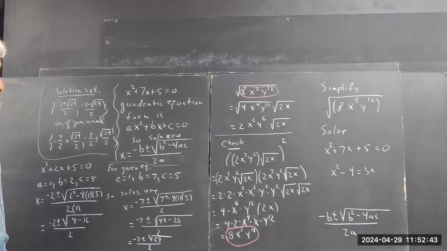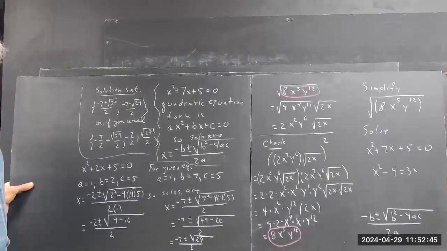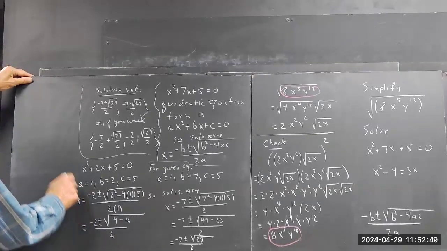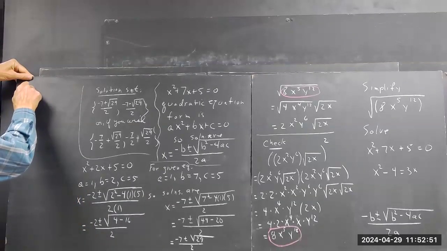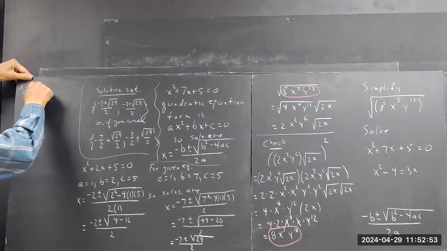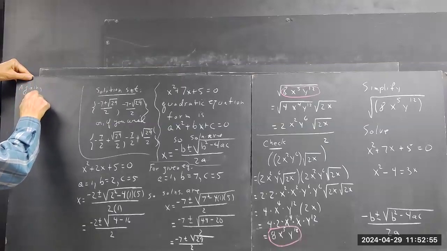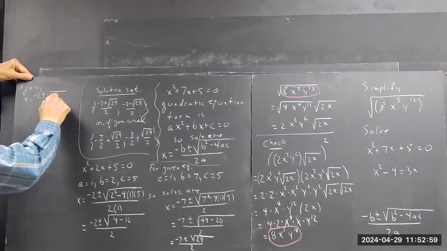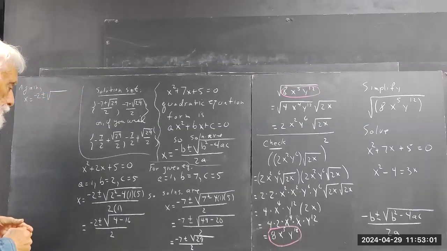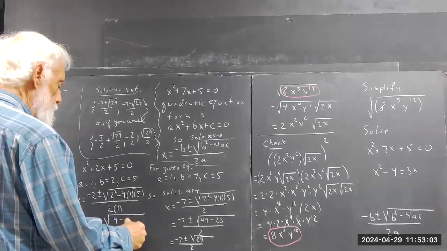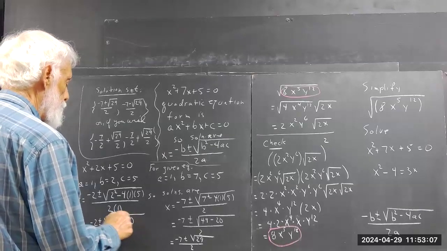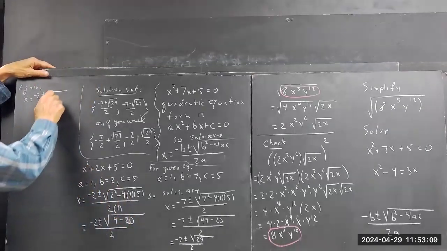So again, x equals negative 2 plus or minus the square root of 4 minus 20.